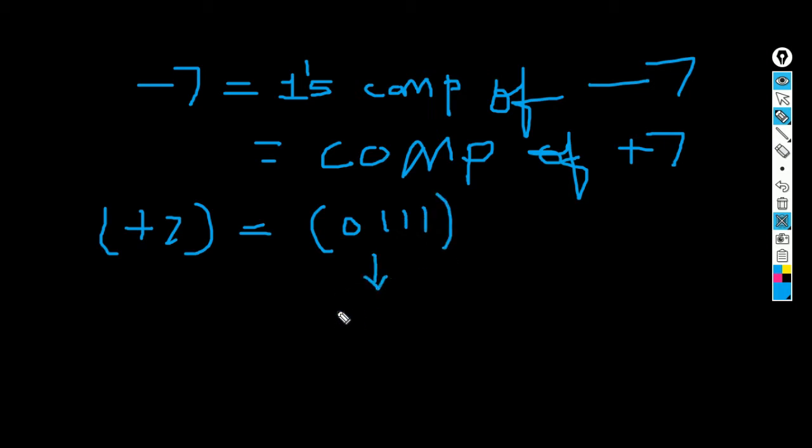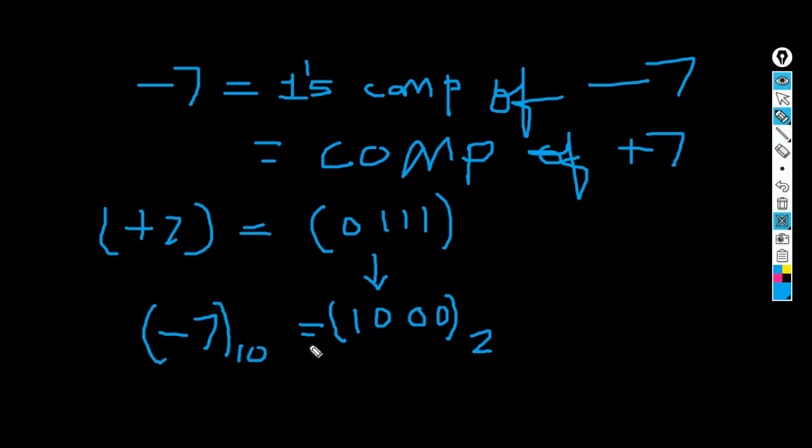If we invert each bit, 0 replaced by 1, 1 replaced by 0, what answer are we getting? 1, 0, 0. This is our answer for minus 7 decimal, equal to 1000. This is our signed binary number answer using the one's complement approach.